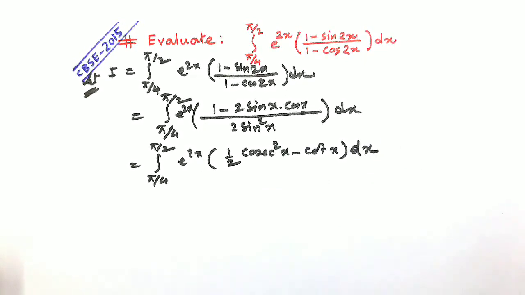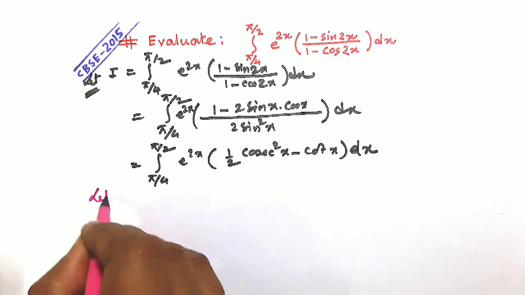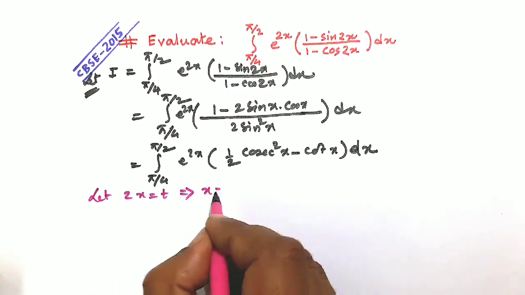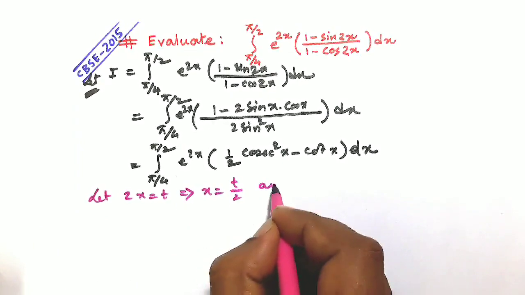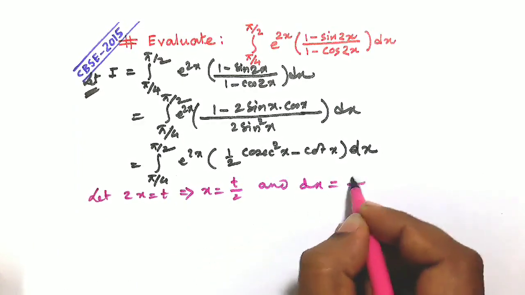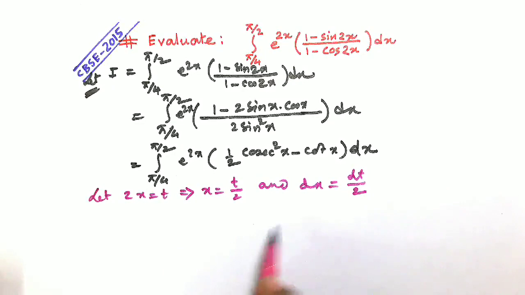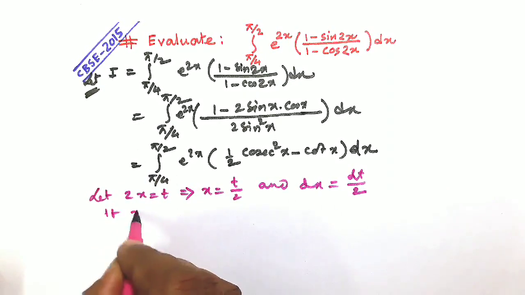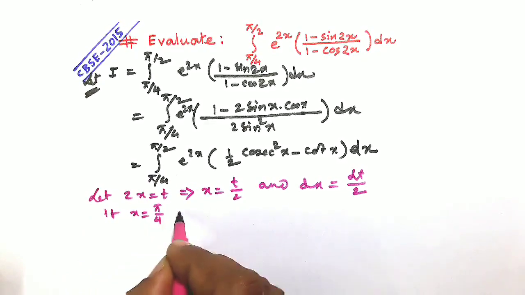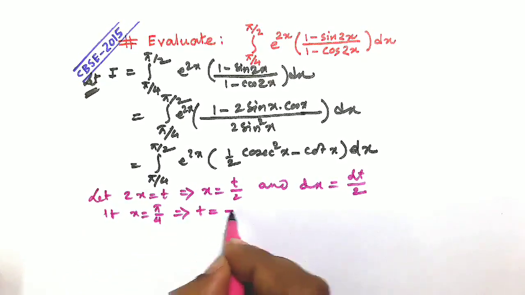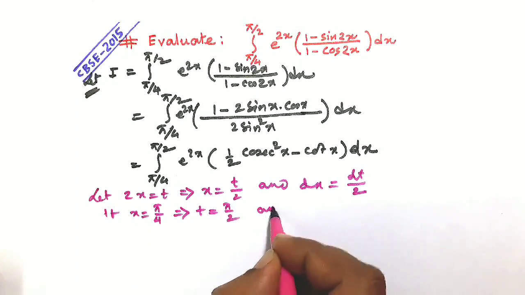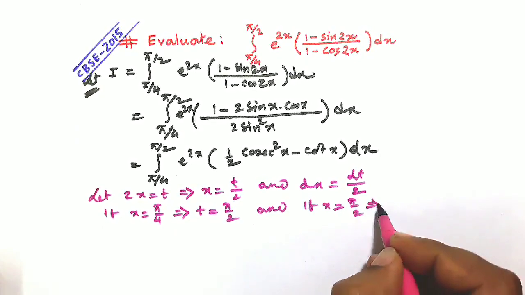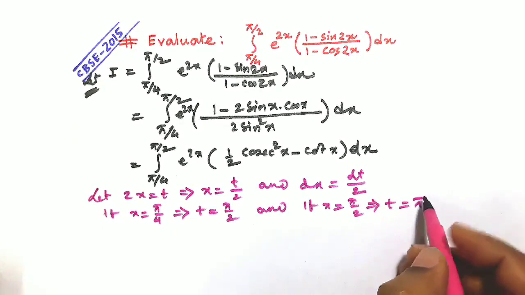So friends, let us consider that 2x is equal to t, that is x is equal to t upon 2 and dx is equal to dt upon 2. Now we have to change the limits. If x is equal to pi upon 4, then t is equal to pi upon 2, and if x is equal to pi upon 2, then it implies that t is equal to pi.